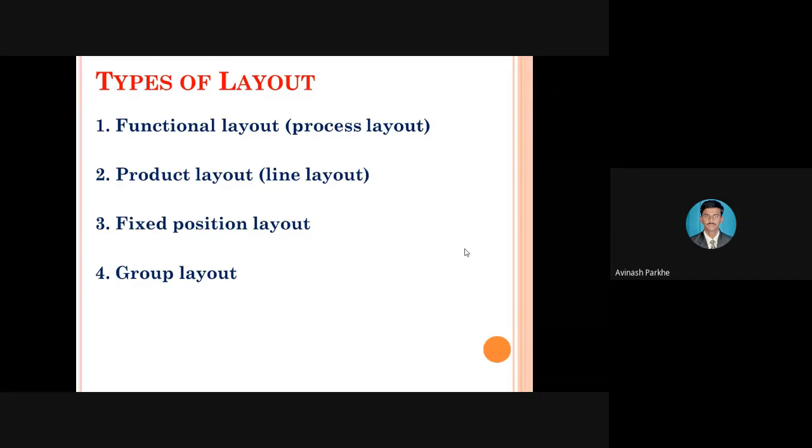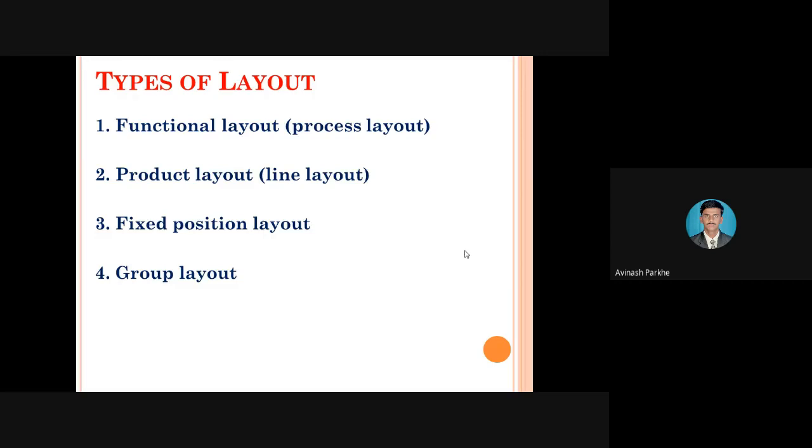Maybe sometimes we have to build a ship, sometimes we have to build aeroplanes, sometimes we have to manufacture some heavy duty components or heavy duty machines. In that case, we are manufacturing a single product only, but it is very heavy. Sometimes we have to work in a grouping manner. Then which types of layout do we have to use in the industry? All those types of layouts we are going to discuss in this chapter.